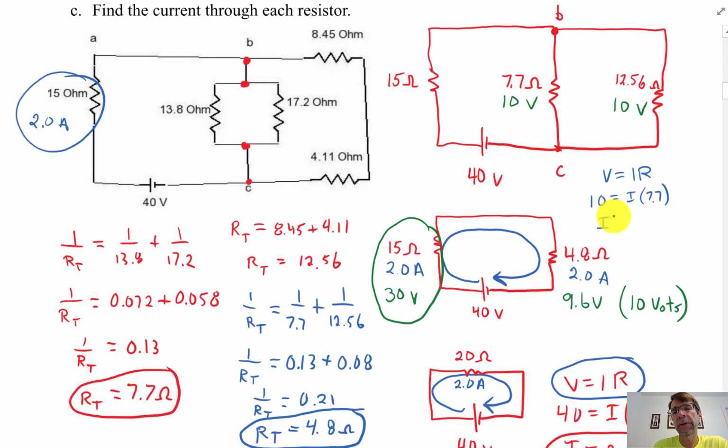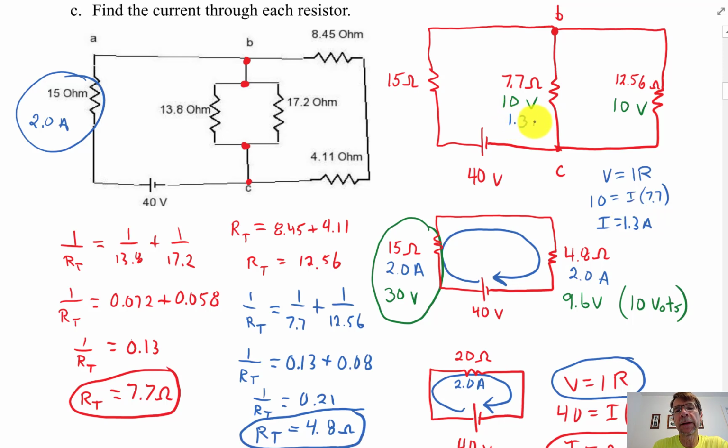So the current is 10 divided by 7.7. I did that somewhere. It is 1.3 amps. So there's 1.3 amps.